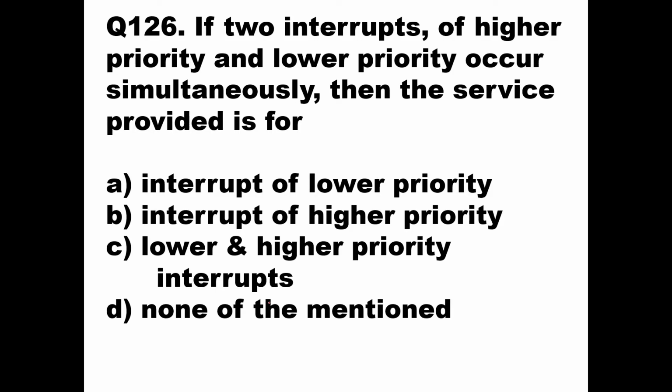The ISR of the higher priority interrupt will be executed, that interrupt will be serviced, and then we'll come to the lower priority interrupt. So the answer should be B, interrupt of higher priority. Higher priority will be serviced, and then after its service the lower priority will be serviced.